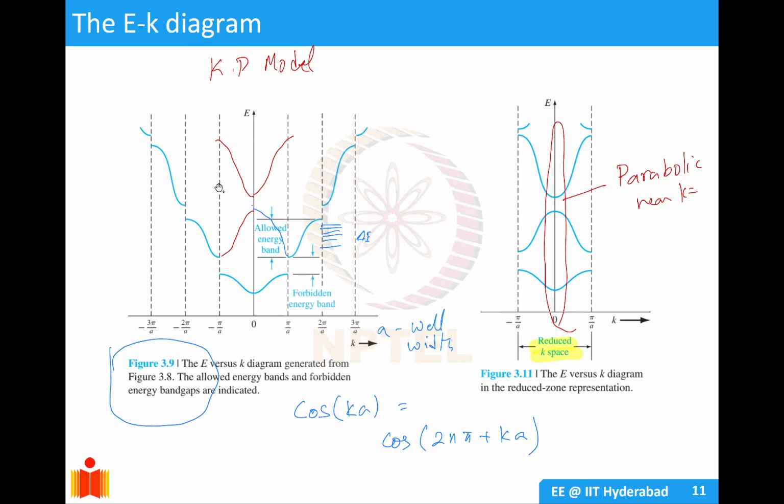Similarly, shift this to here, shift this to here. So you can incorporate all the energy states in the minus pi by a to pi by a region, and near k equals 0, you can see that the energy E versus k is parabolic.